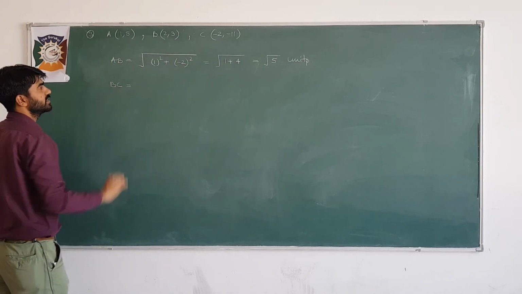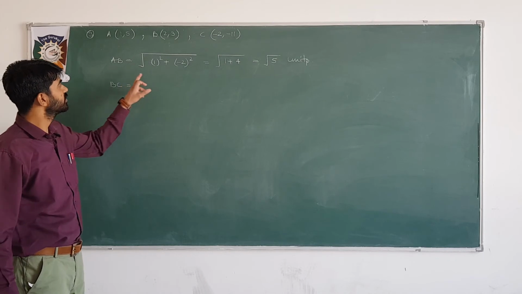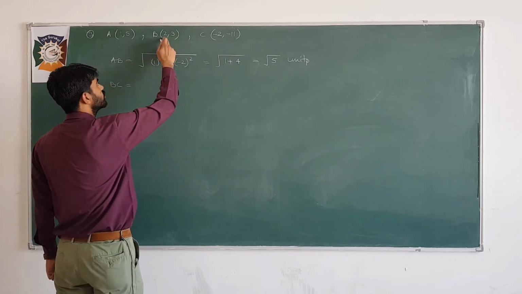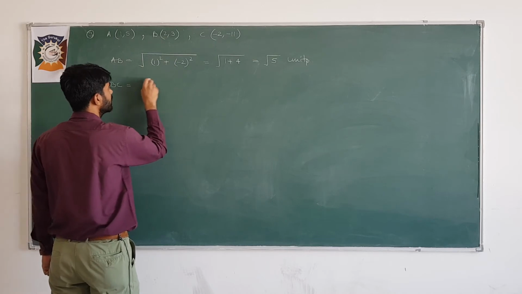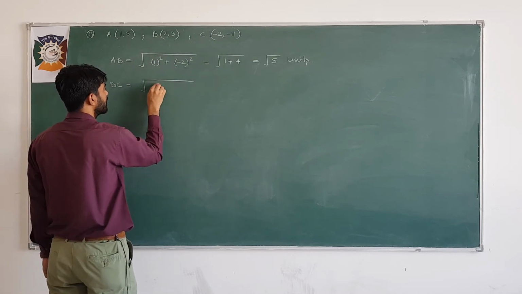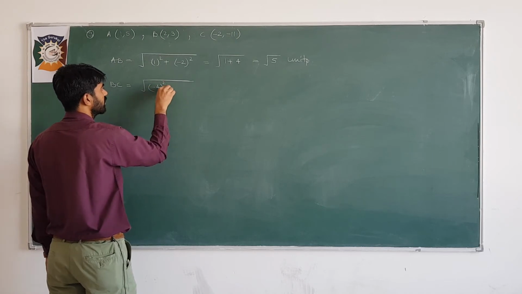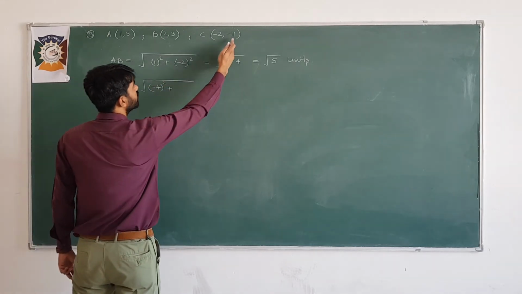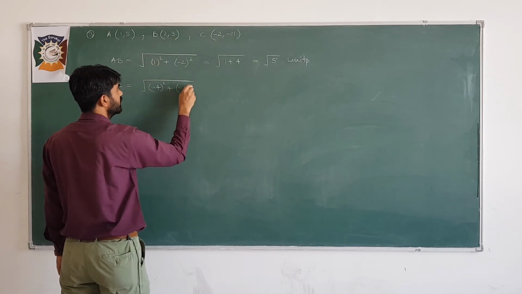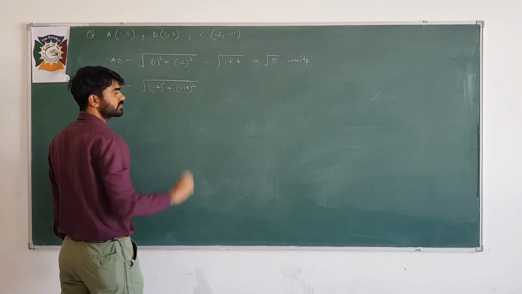Now I will find the distance BC. BC is equal to, minus 2 minus 2, so it will become minus 4 square, plus minus 11 minus 3, it will become minus 14 square.